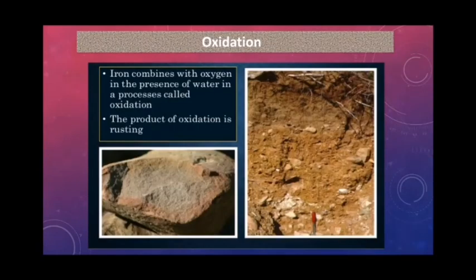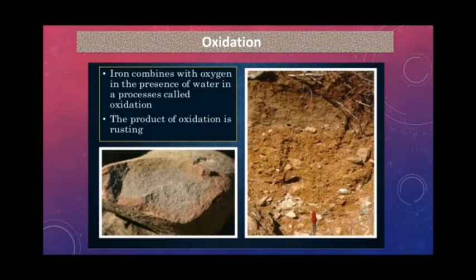Now let's learn about oxidation. So this process occurs in rocks which have iron present in them. The iron in the rock comes in contact with water and a chemical reaction takes place between iron and oxygen. Hence, a reddish colored layer forms in the rocks.